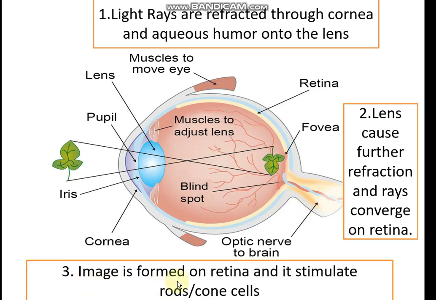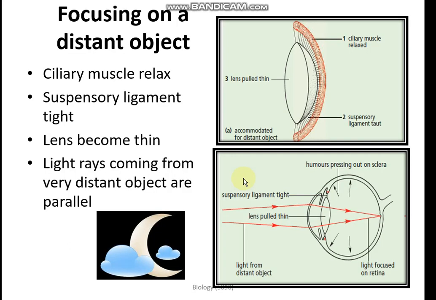Once the image is formed on the retina, it will stimulate the rod and cone cells. Once the rod and cone cells are stimulated, the nerve impulse is carried to the visual center of the brain for integration, for magnifying and interpreting the image, so that we can see an upright and magnified image.